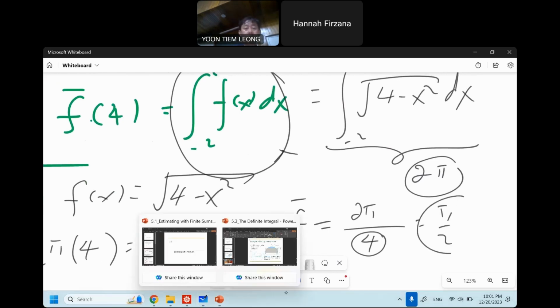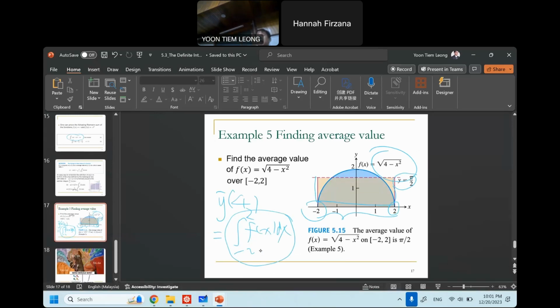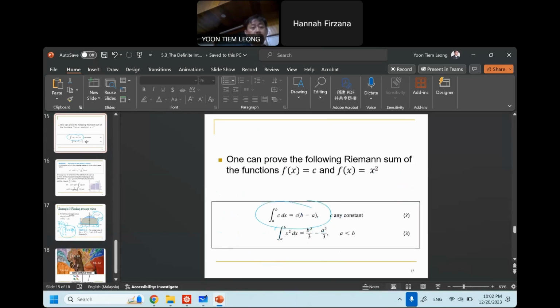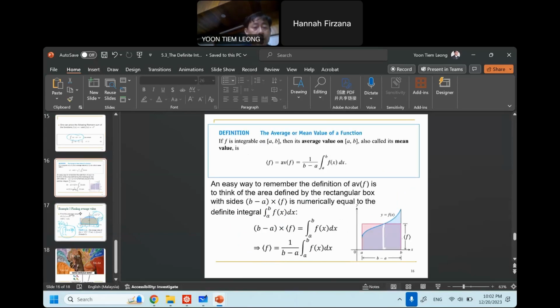So that illustrates how you can calculate the average of the function using integration. Okay, so here we are talking about the definition of the average or mean value of a function. Next time I give you a function and ask you to calculate the mean value, this is how to calculate the mean value of a function.